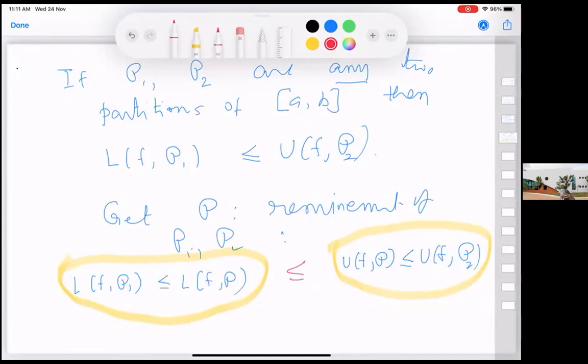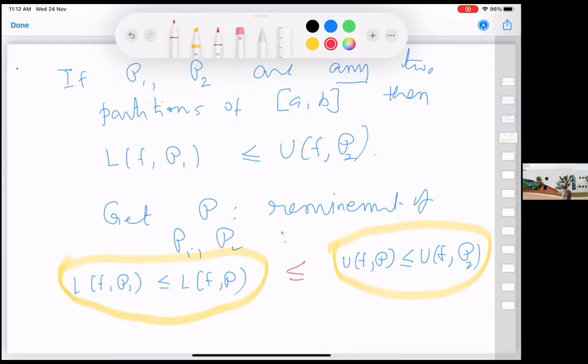So we have shown that if you take any two partitions unrelated to each other, then LFP1 is less than or equal to UFP2. And now let's fix a P2 and take the supremum over all partitions P1.